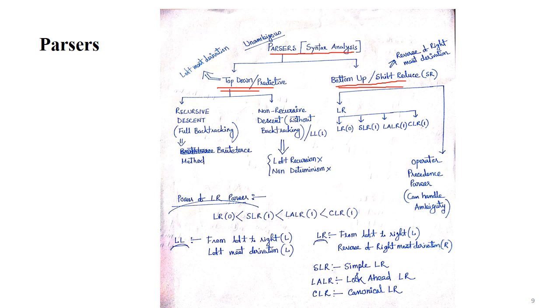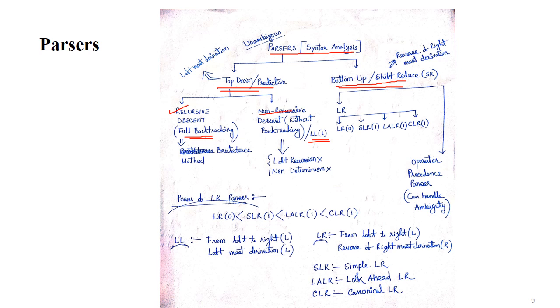Again, we can divide top down parser into two types. One is recursive descent, where we have full backtracking, and another is non-recursive descent, where we don't have any backtracking. This non-recursive descent parser is also called LL1 parser.